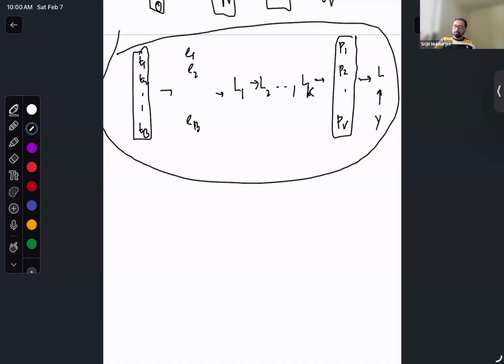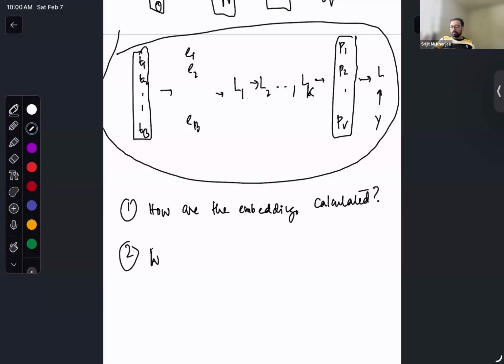Now there are two questions left. One is how are the embeddings calculated? The other is what is a layer, what does a layer consist of?